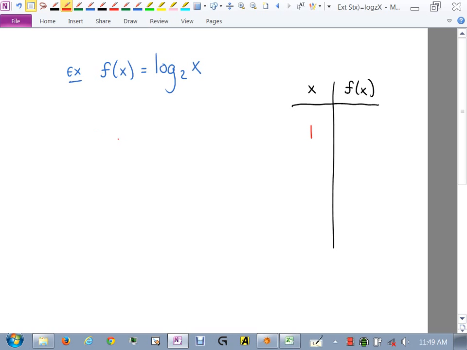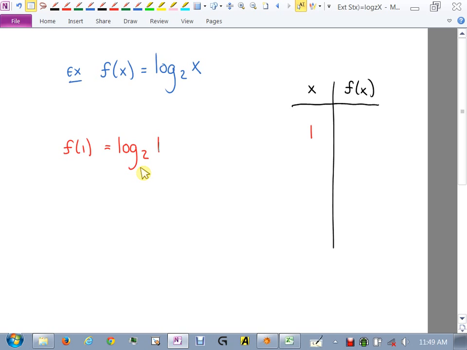So what that means is I'm going to rewrite this. I'll write it like this. F of 1 equals log base 2 of 1. Now somebody tell me what question this is asking. What is this really asking me? What's the power I raised 2 to in order to get 1? 0.